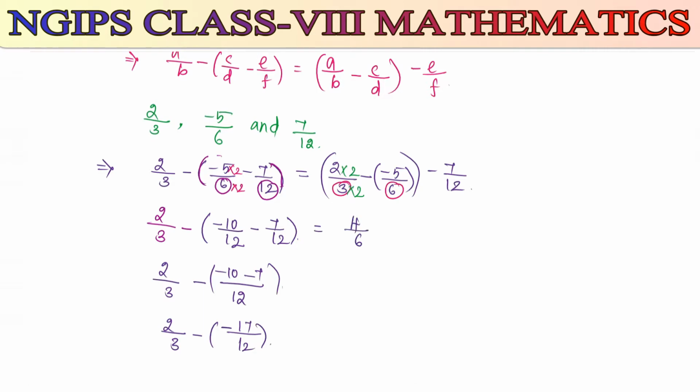Minus of minus, you will get here it is plus 5 by 6 minus 7 divided by 12. Now denominators are same, so I can write once. If you simplify, 4 plus 5 minus 7 by 12. 4 plus 5, the value is 9 by 6 minus 7 by 12.